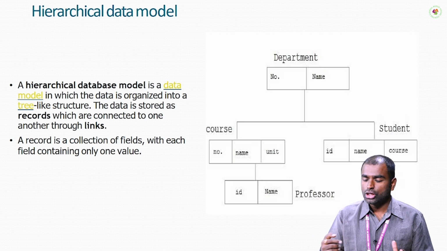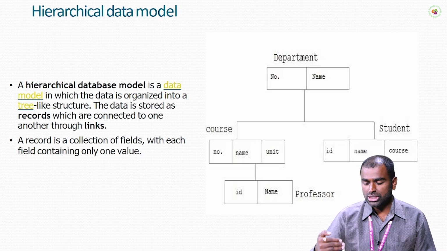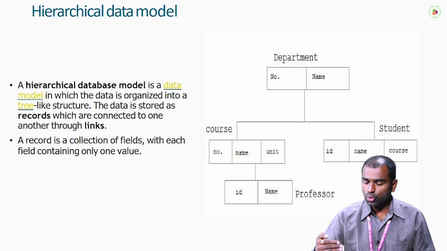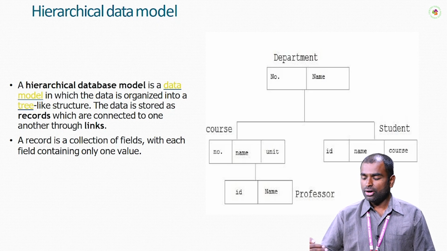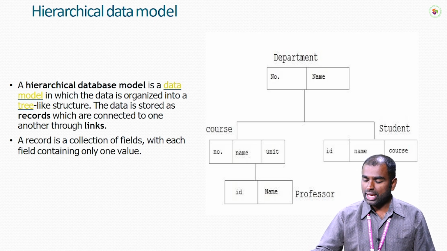Department is one level. In the department, students and courses will be there. For each course some professor will be assigned, and for some set of students some faculty will be assigned. Again, students can be divided into categories like strong learners, average learners and weak learners.